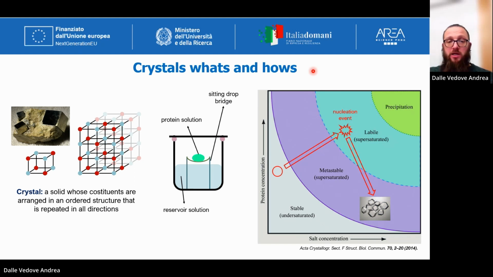And so, as you see here on the right in this phase diagram, we have a progressive concentration of all the species that are present in the drop, so protein and the different precipitant salts, and the system shuttles in the phase diagram until we reach first the supersaturated states, and then we can hopefully reach a condition where we can have nucleation events.